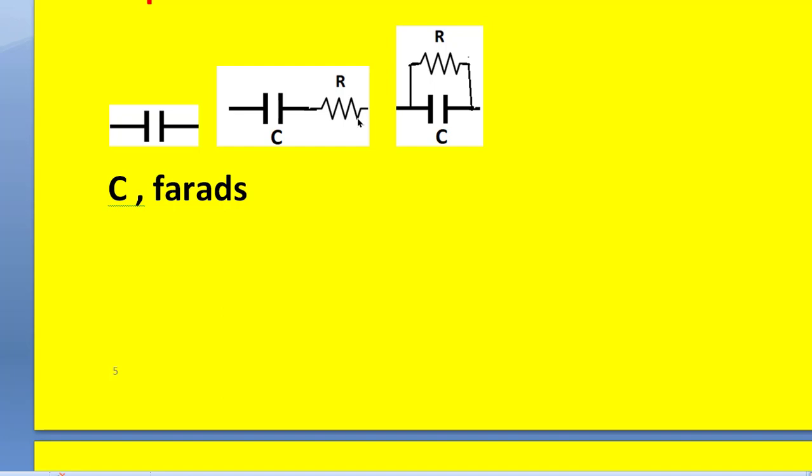This is one type of equivalent circuit. There is another equivalent circuit for the capacitor, that is resistance in parallel with the capacitor. Both are valid, and these two types of equivalent circuits are used at different applications in the power systems and the utilization of electrical power.